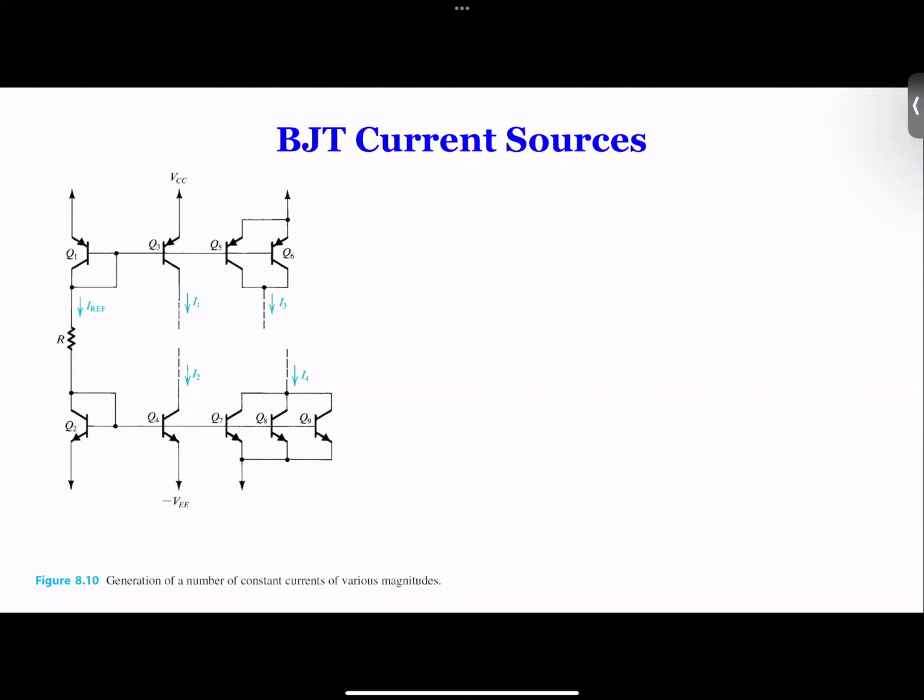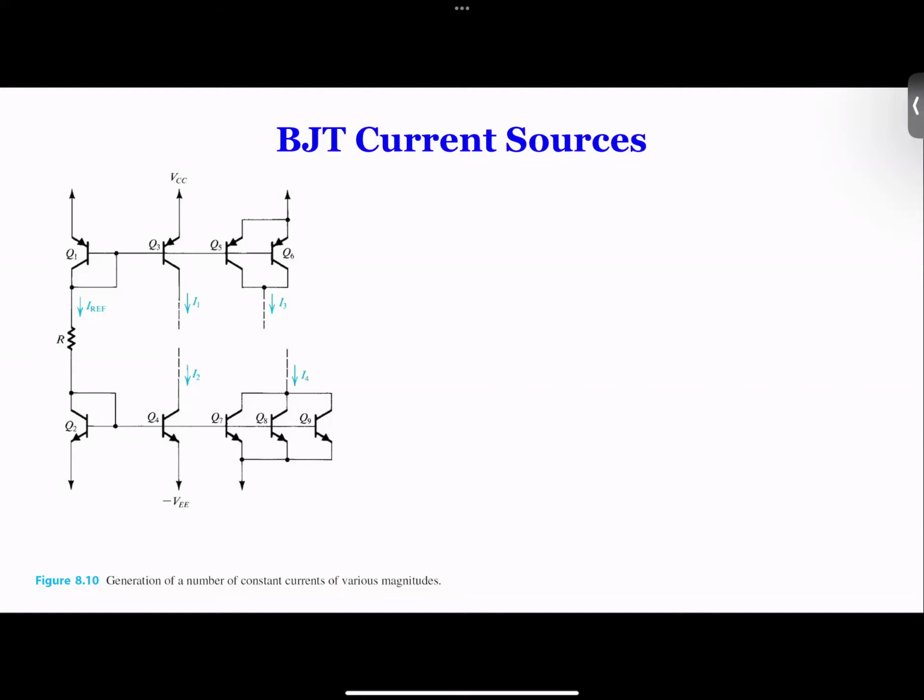So in this case, Q2 and Q4 form a current mirror because their bases are connected and their emitters are the same. Therefore, they share the same VBE, and the two currents are the same. Now you see Q7, Q8, and Q9, what happened?